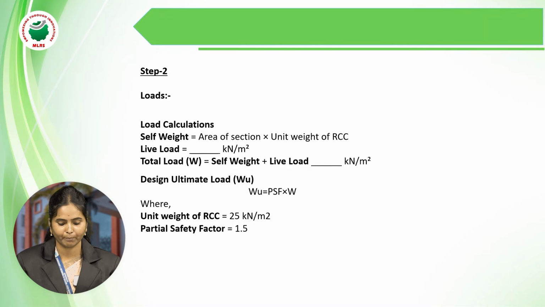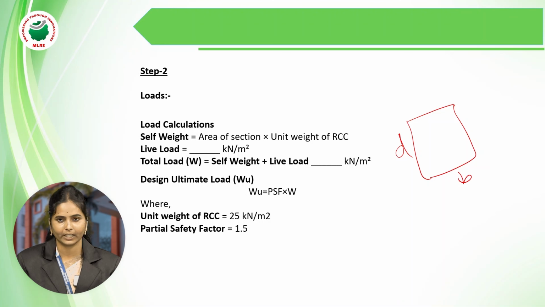Self weight of the beam is equal to area of section into unit weight of RCC. Area of section is B and D, so we take B into D into 25, the unit weight of RCC.